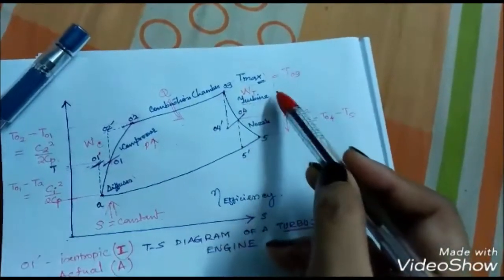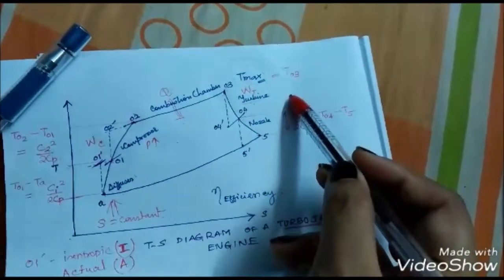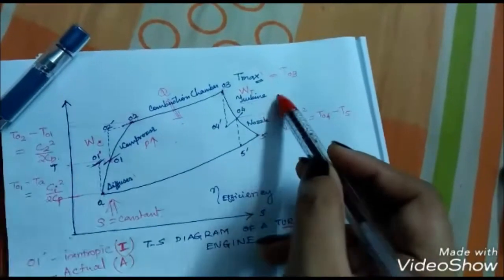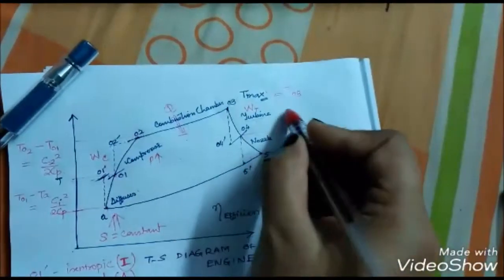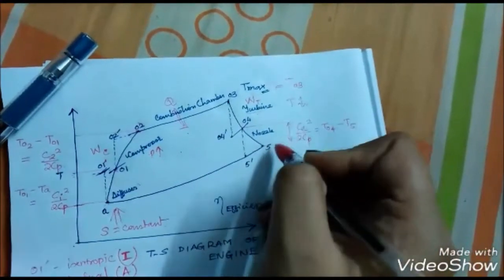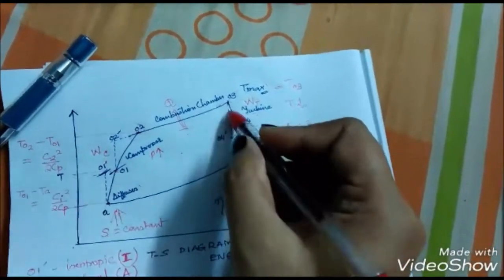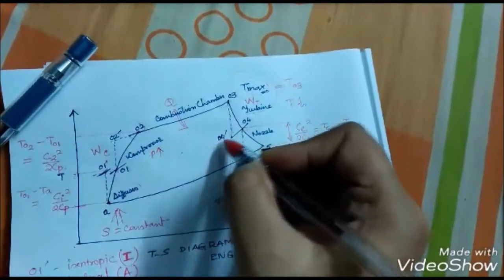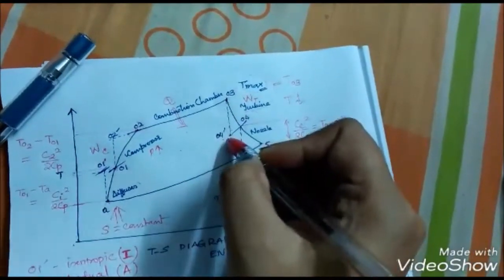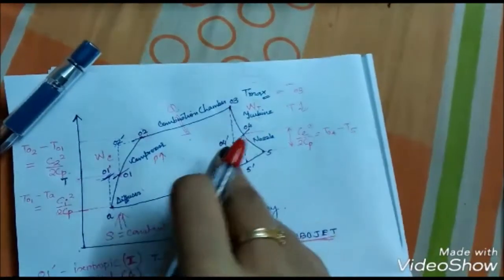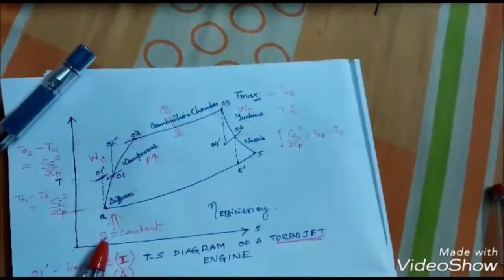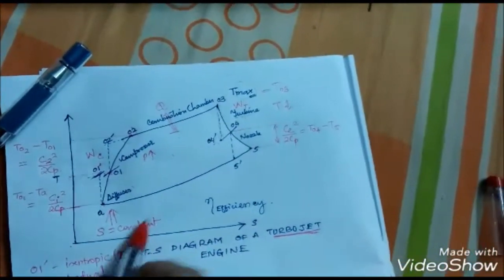In the turbine, entropy actually increases, but the temperature gradually decreases. Here also we have a dotted line, the process to 04, which is an isentropic process where ideally S is constant.